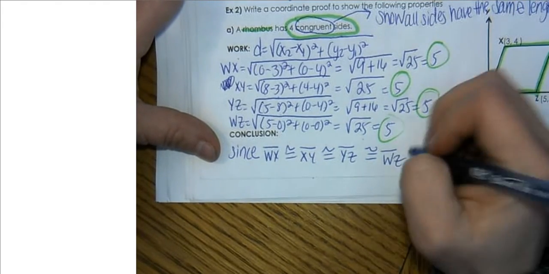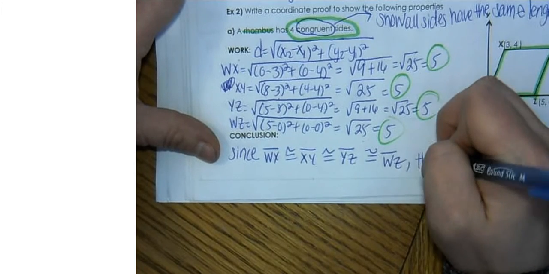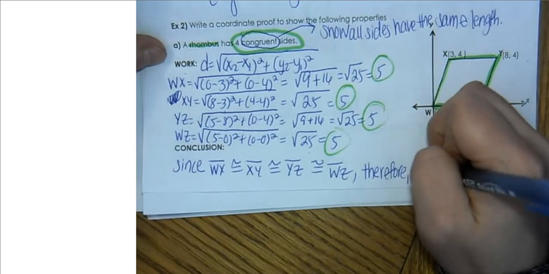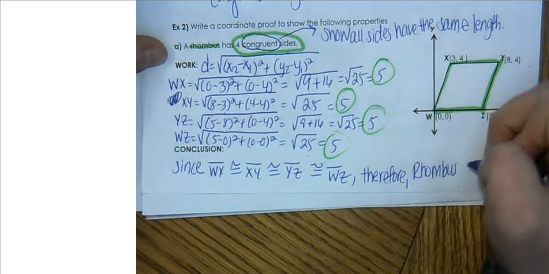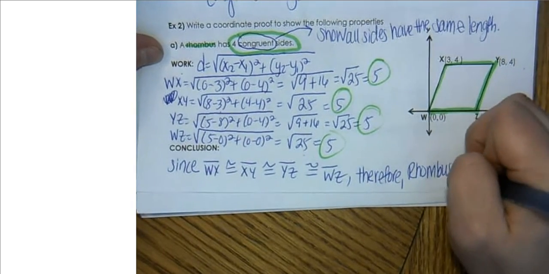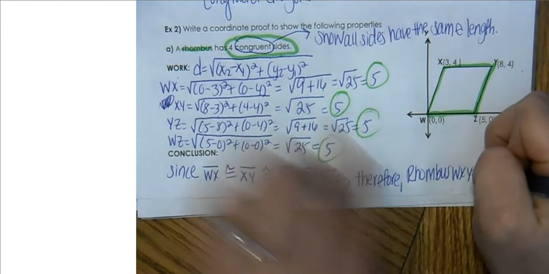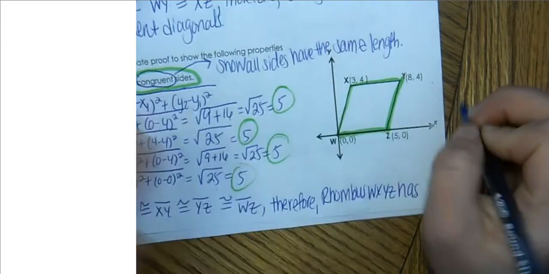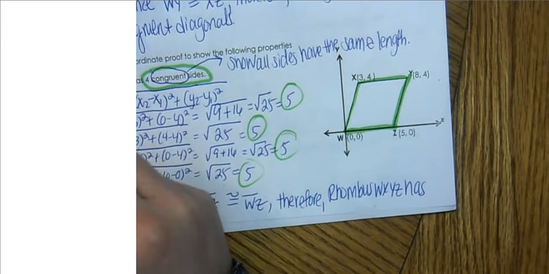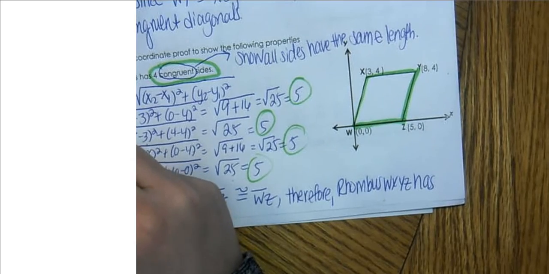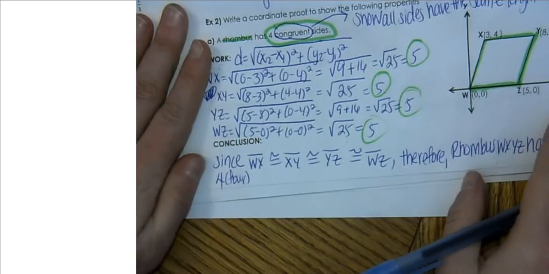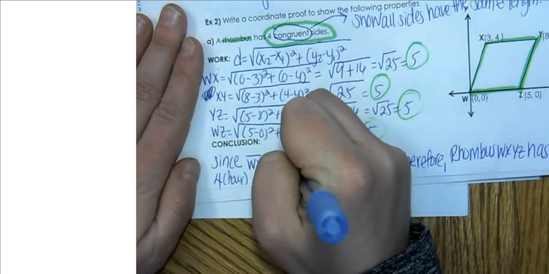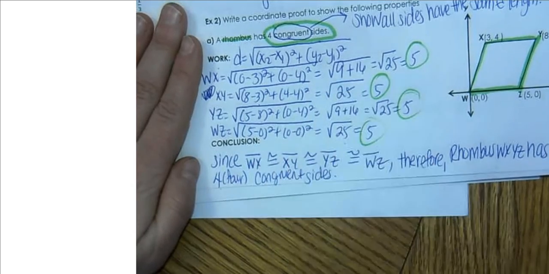Since they are congruent to each other, we can therefore say that rhombus WXYZ has 4 congruent sides. Technically this should be FOUR, but 4 is fine. So 4 congruent sides. And that is our statement.